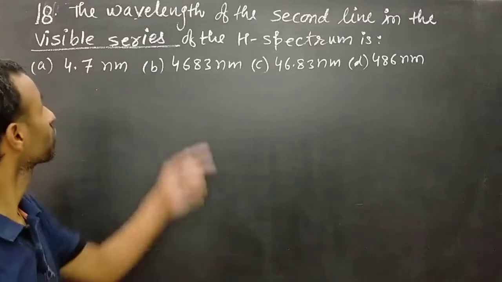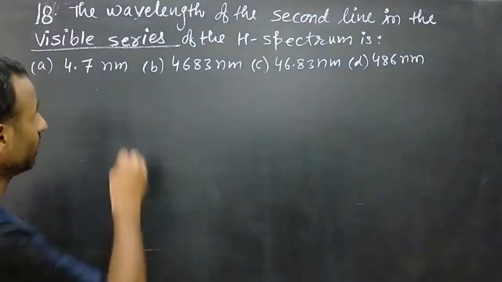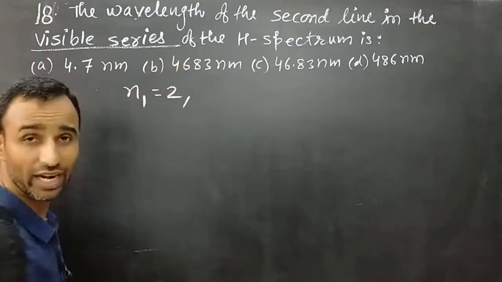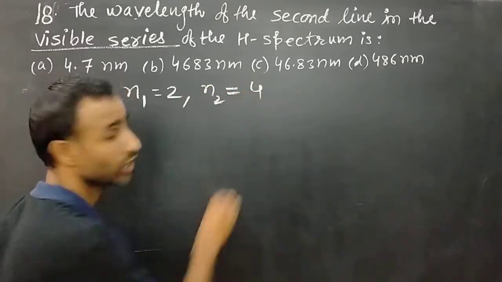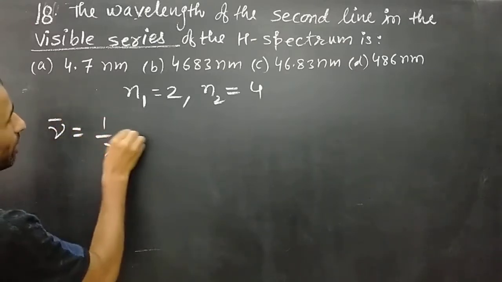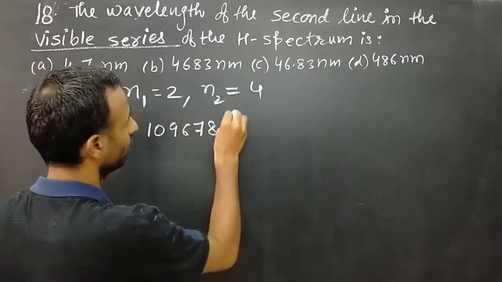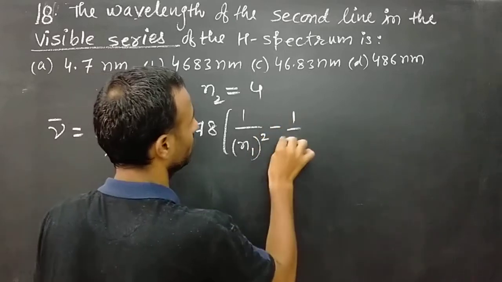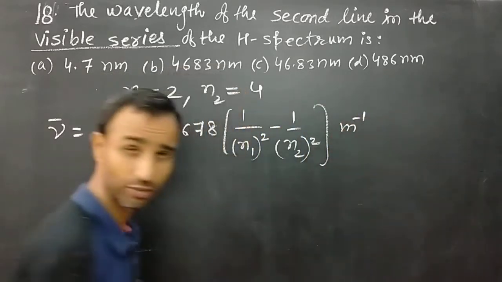So, the next question is the wavelength of the second line in the visible series. So, you know, the visible series is Balmer series, N1 is 2, and for the first line N2 is 3, and for the second line N2 is 4. So, wave number, that is 1 upon lambda, equal to 109,678 into 1 upon N1 square minus 1 upon N2 square per centimeter.